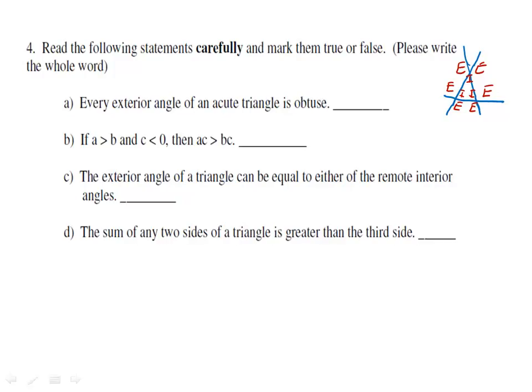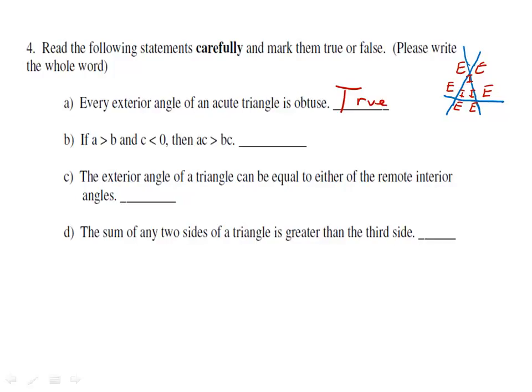They're all obtuse angles, which makes sense. If it has to be a linear pair with the interior angle next to it there, and if the interior angles are all acute angles, then obviously the exterior angles have to be obtuse. So this is true.